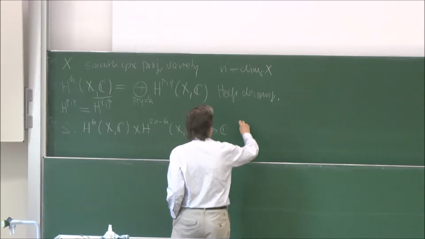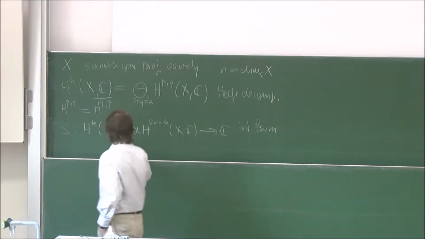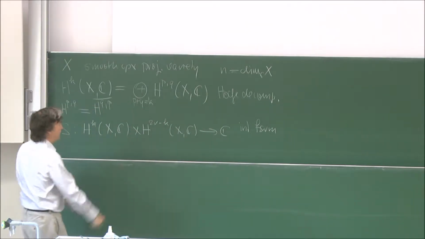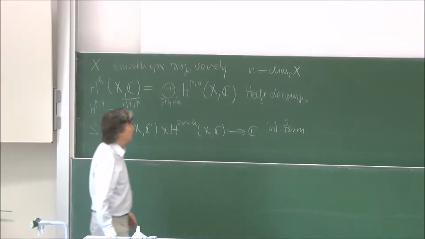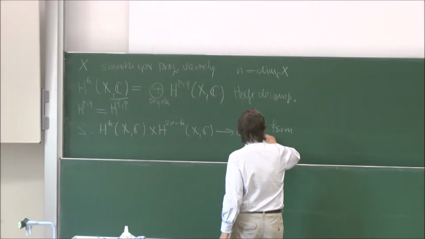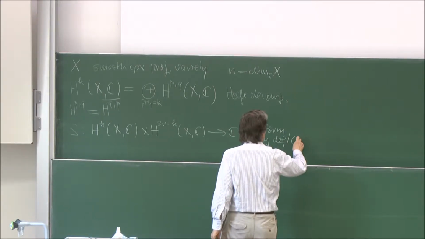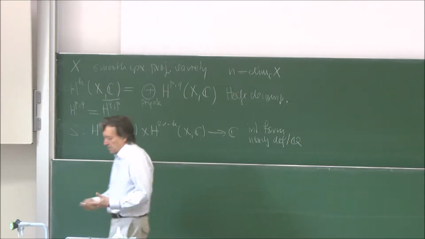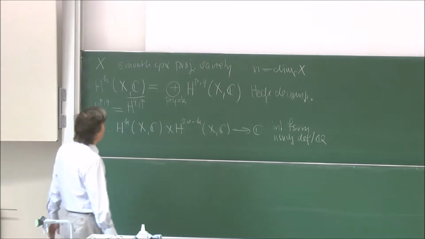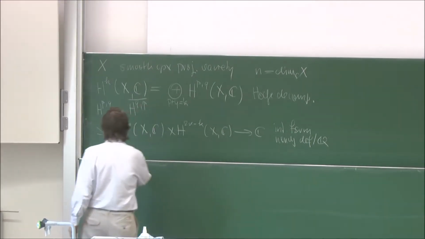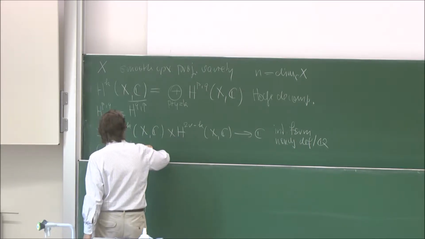So that's the intersection form. In terms of the de Rham complex, it is given by multiplying together forms and then integrating over the fundamental cycle, so it's non-degenerate. And defined over Q, because it also can be defined in topological terms. And then I want to let c be the polarization.